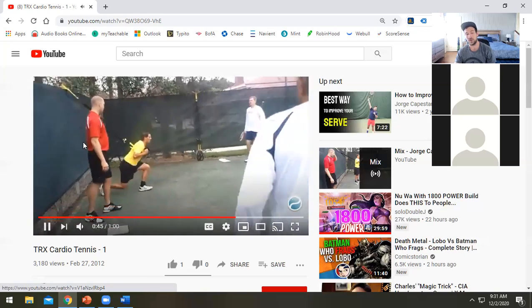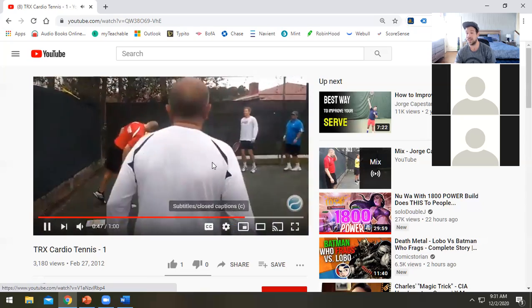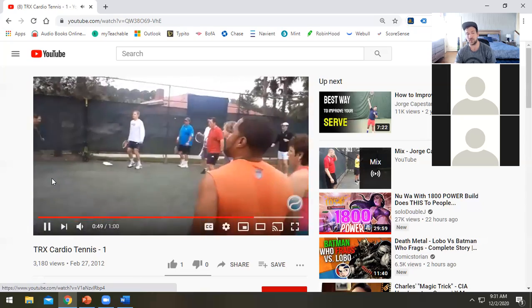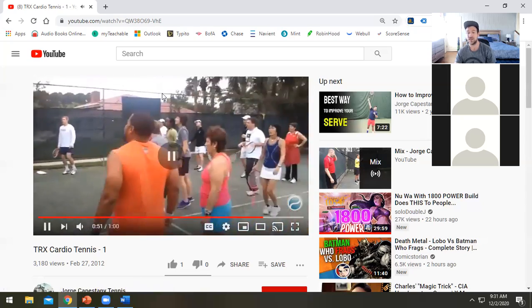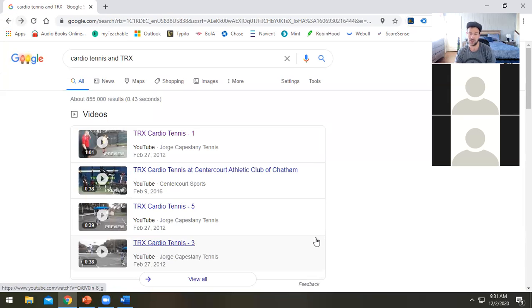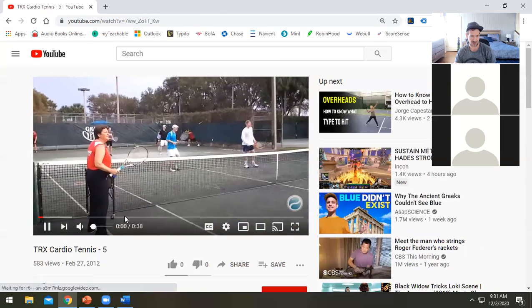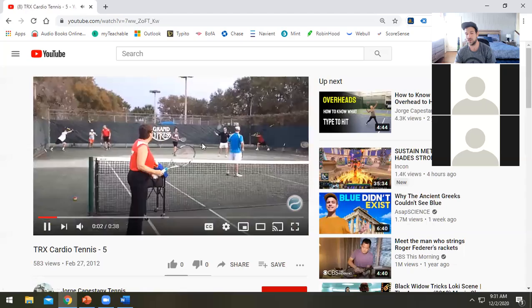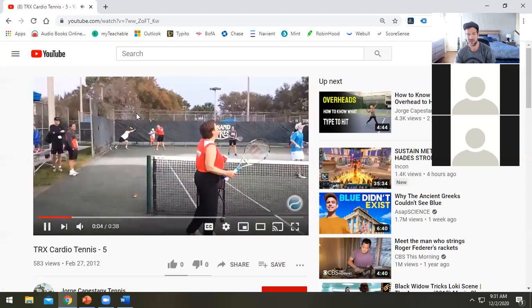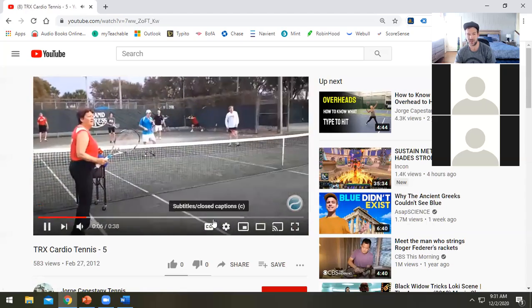Meanwhile, there'd be a second coach doing tennis stuff with these same people, explaining it while they're doing this. They go through it, and then they do a specific drill. I want to find a more interactive drill. See all these different people, they're all on the court simultaneously. This person's doing TRX over here.